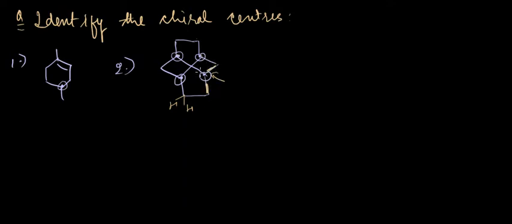Similarly, at the first and second we are finding two substitutions, one going to complete this cyclohexane ring and the other going to complete this 6-member ring. 1 2 3 4 5 6-member ring.